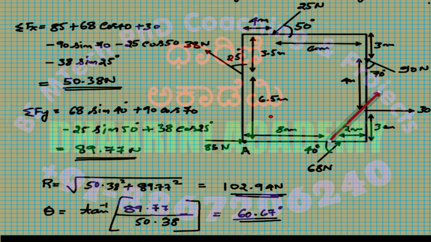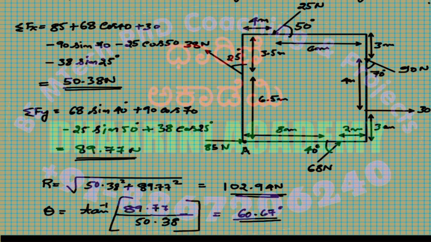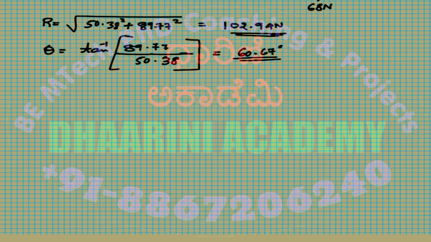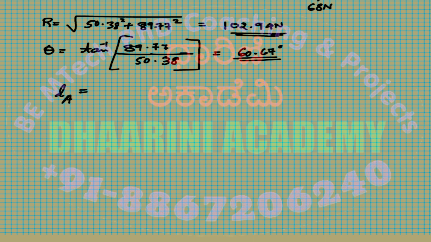Okay, so first part is we'll find out the shortest distance. What is the shortest distance from A? So the distance from the point A, because in order to find that I need the moment. Sorry, I cannot directly do this.